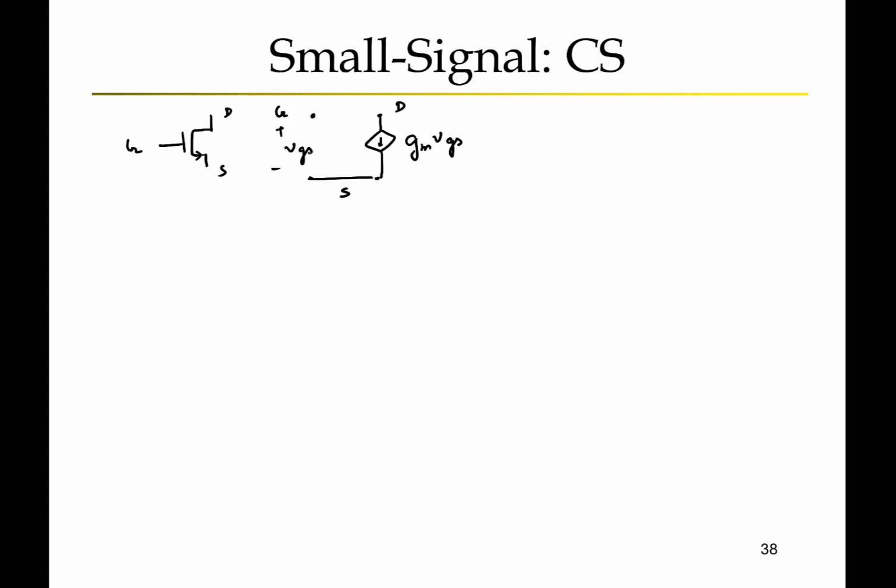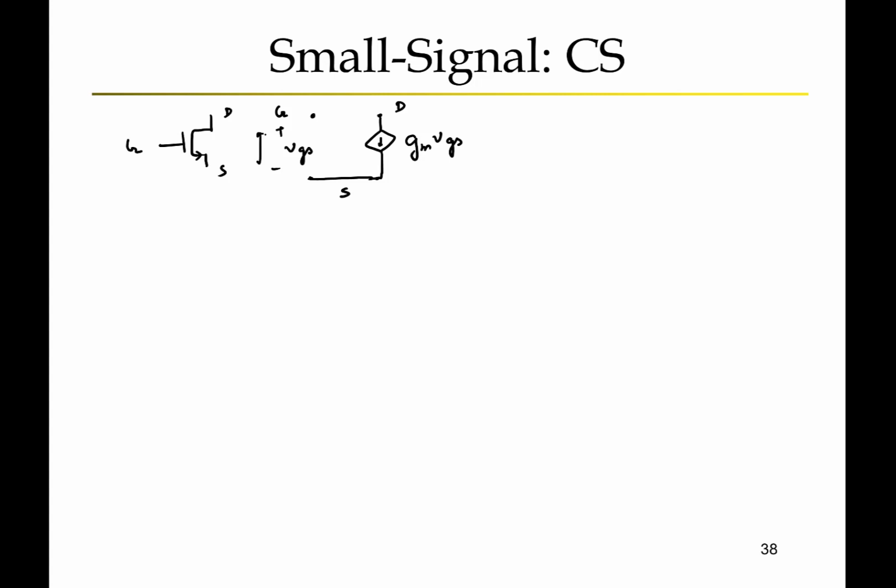So at the input between the gate and the source there is infinite impedance, and at the output between the drain and the source there is a voltage controlled current source equal to Gm times the voltage between the gate and the source, that is VGS over here.